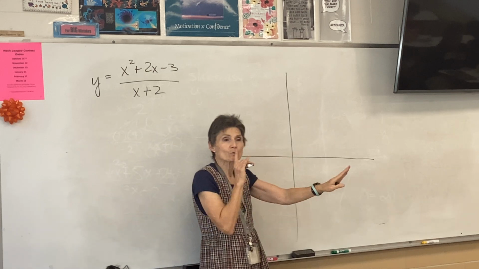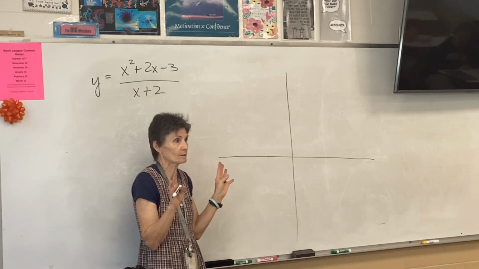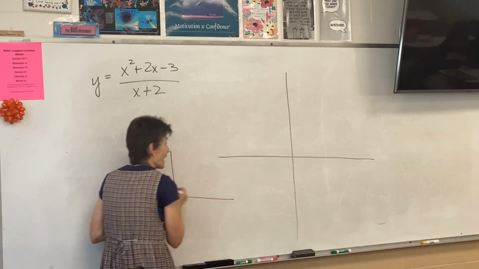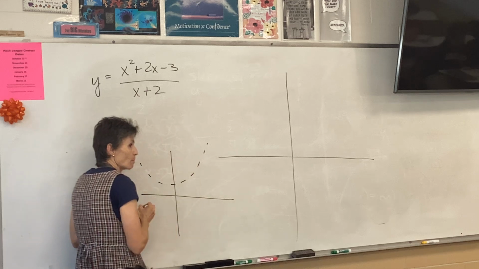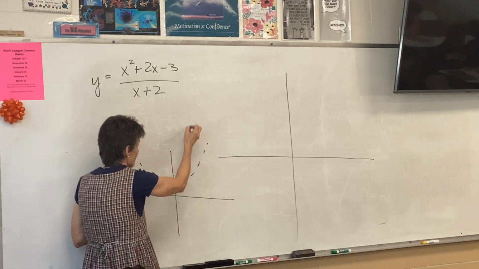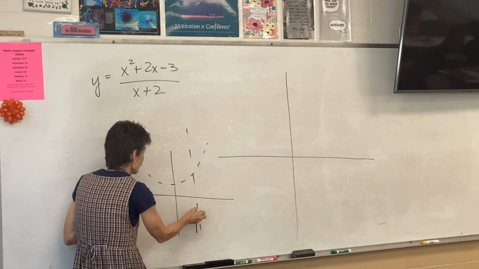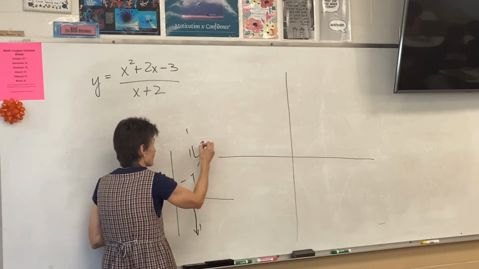Your asymptote can be any shape in the whole wide world. If you had an asymptote that was a parabola, and maybe a vertical asymptote like this, then the curve would look like this. Are we going to get into this?